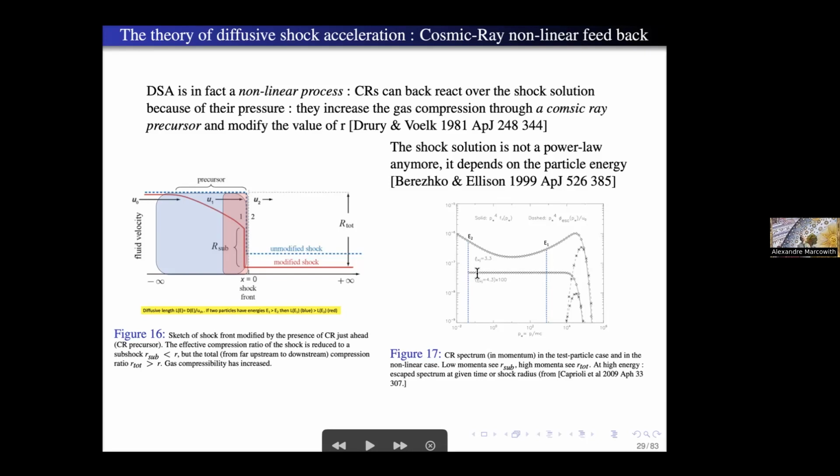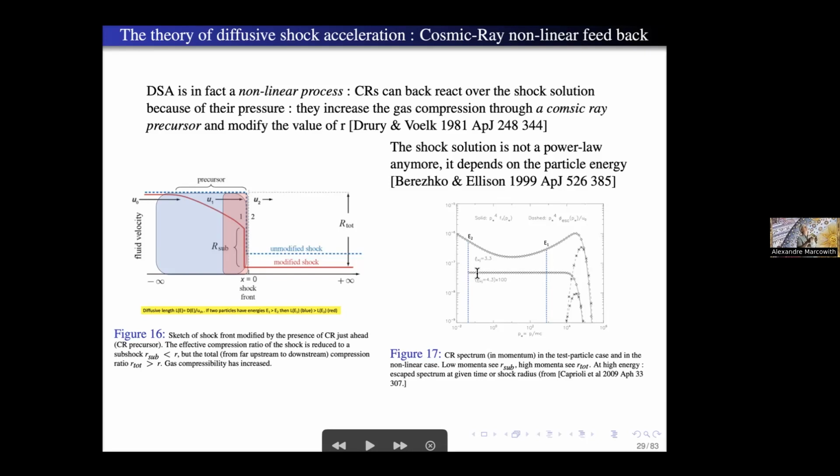But in total, the cosmic ray pressure enhances the gas compressibility because you modify the adiabatic index. Basically, if you take the total compression ratio, from far upstream to far downstream, it is larger than 4. That explains why low energy particles, which are more or less confined closer to the shock, see a compression ratio smaller than 4.